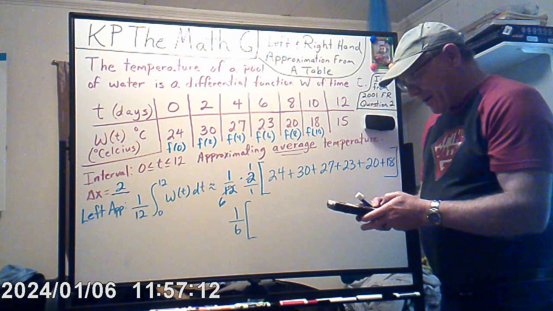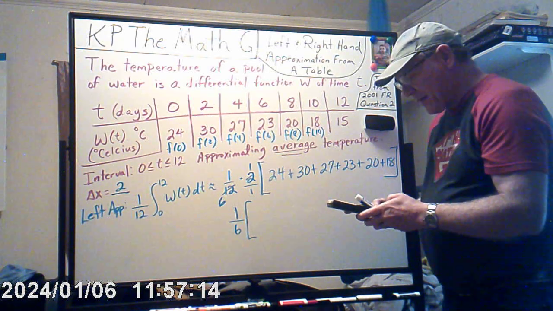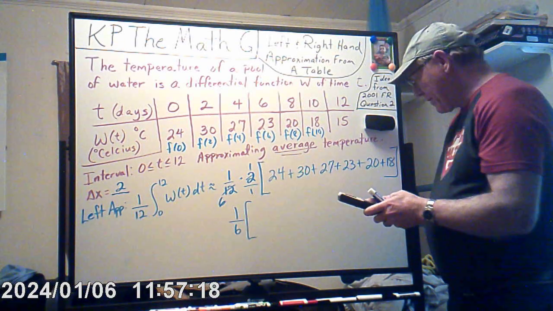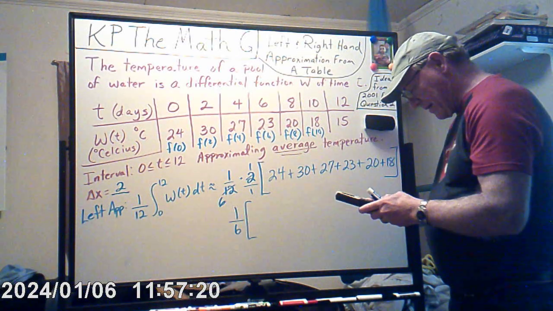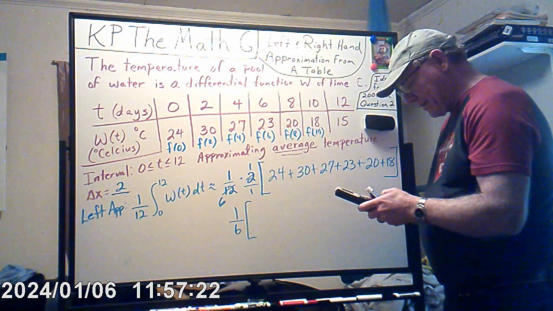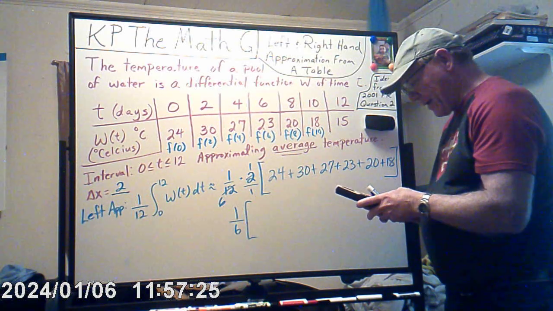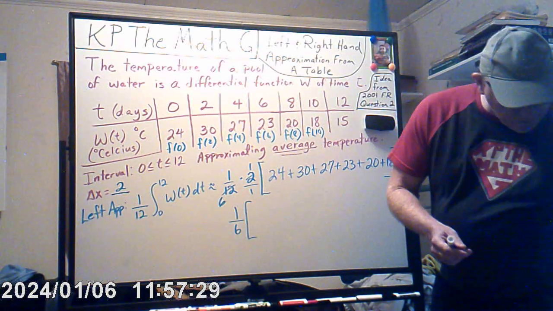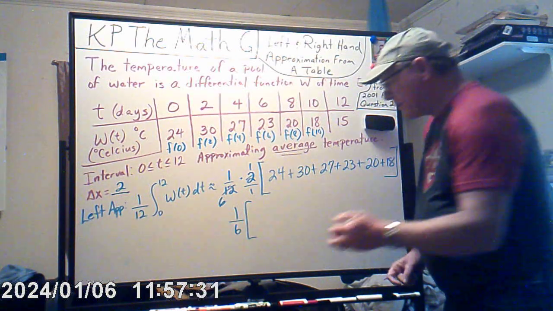So 24 plus 30 plus 27 plus 23 plus 20 plus 18. Alright, that equals 142. Okay, so 142.